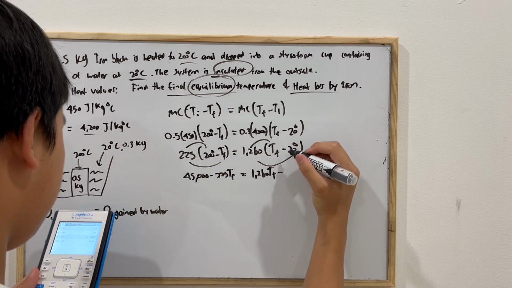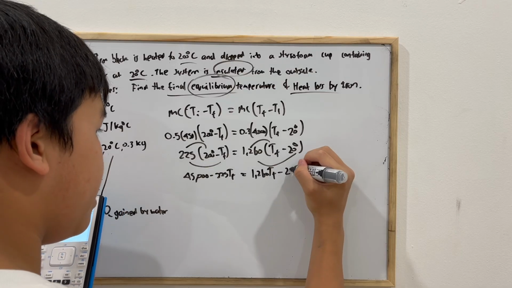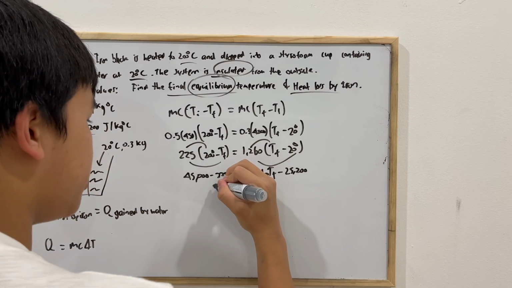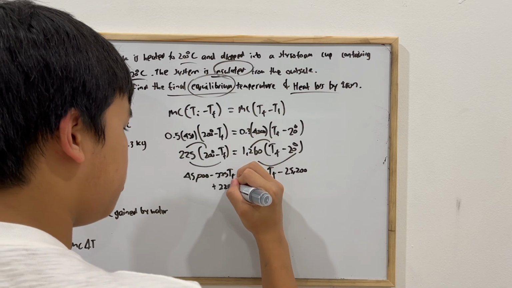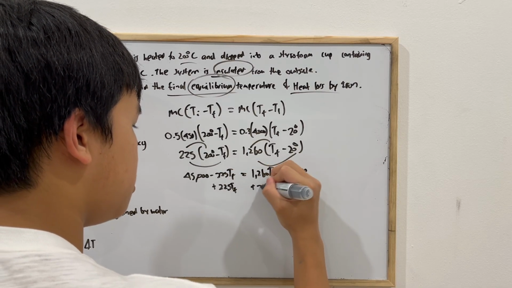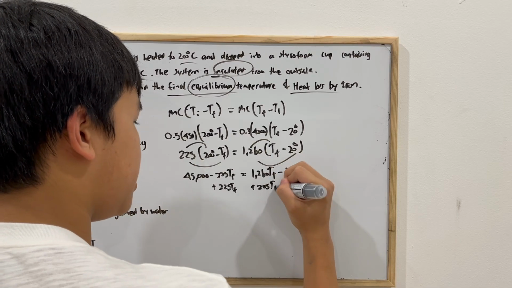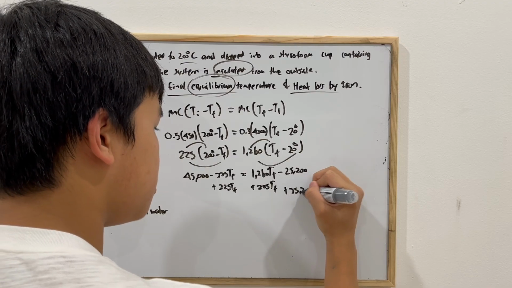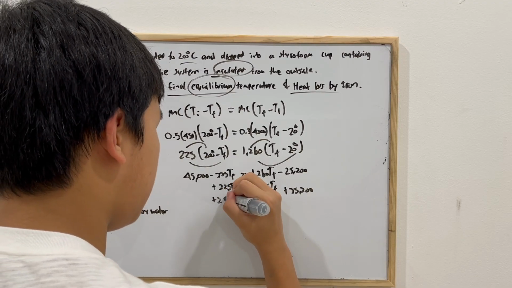This side is going to be minus 25,200. To isolate the final temperature variable, we're going to add 225 of the final temperature to both sides, and then we're going to add 25,200 on both sides as well.